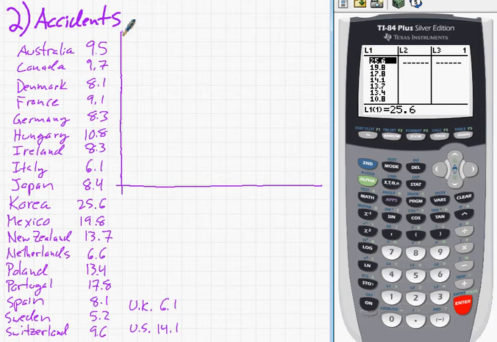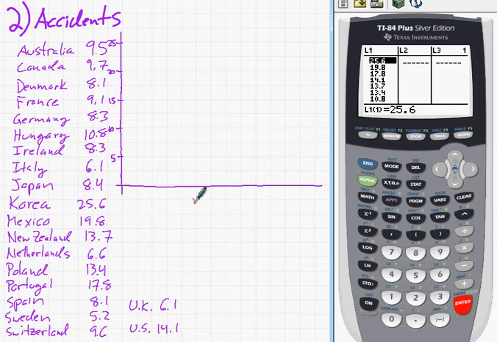Now I see my biggest number is 25, so maybe I'll go by 2 blocks is 5, 10, 15, 20, and 25. And I'm going to just have to tick off all the individual countries down the bottom.